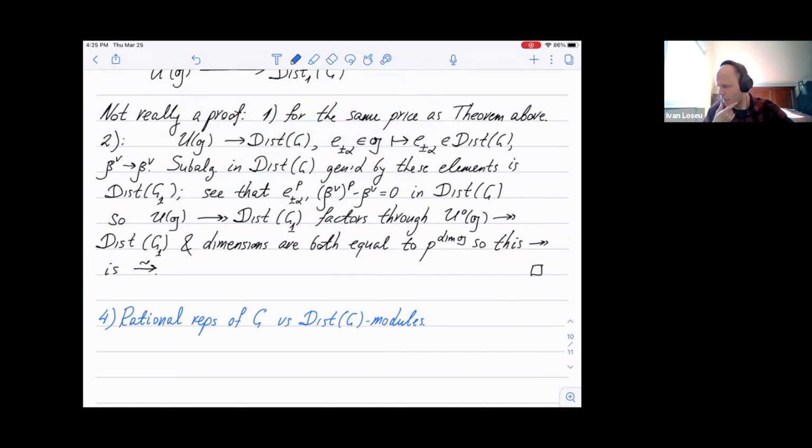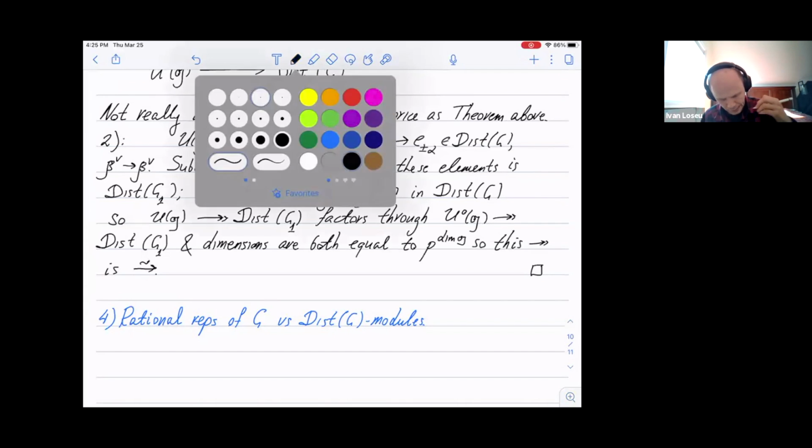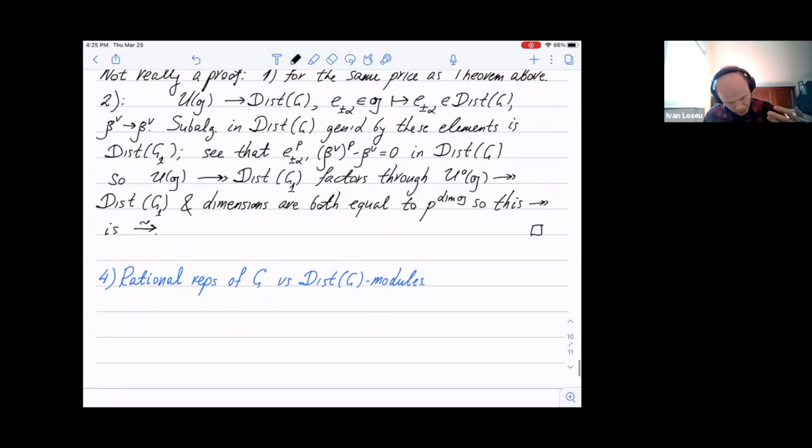I will put some proofs and hints of proofs in the notes. So what do we care about here? We care about the following two categories. We have the category of finite dimensional rational representations.